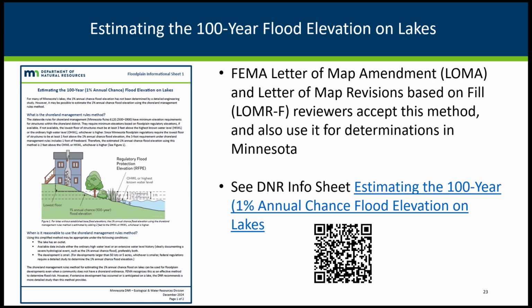We do have this info sheet that was recently updated that explains this method. And in our links below the video, we'll have a link to this information sheet. And we do want to note that FEMA reviewers have accepted this method for lakes in Minnesota.